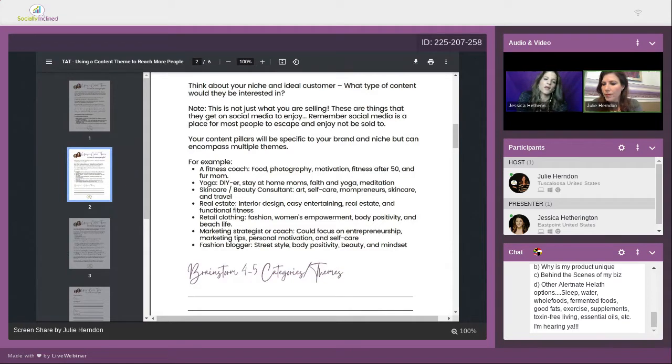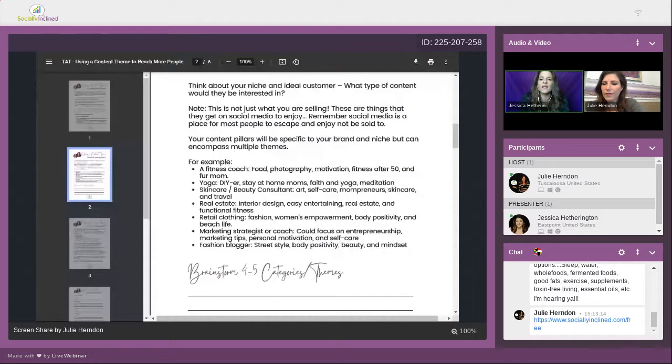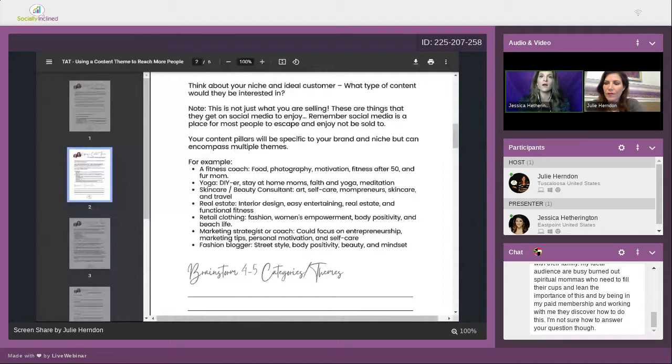For sure. And while she's writing that, let me just say, because I see Kristen, she's got vegan food, fitness, budgeting, and planning in hers. And I really think that is perfect because she just let me know that she does Beachbody. So really the only monetization there is going to be with the fitness programs and the nutrition shakes. So only one of those categories is directly related to something that she sells.